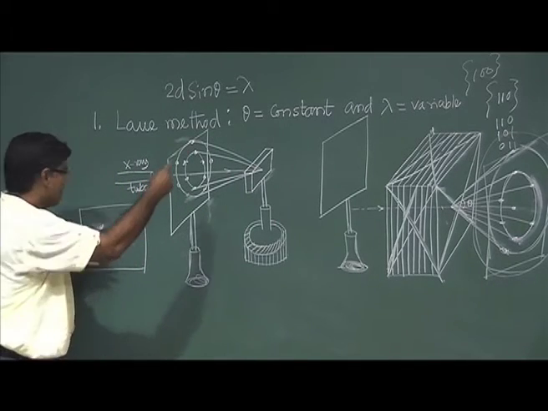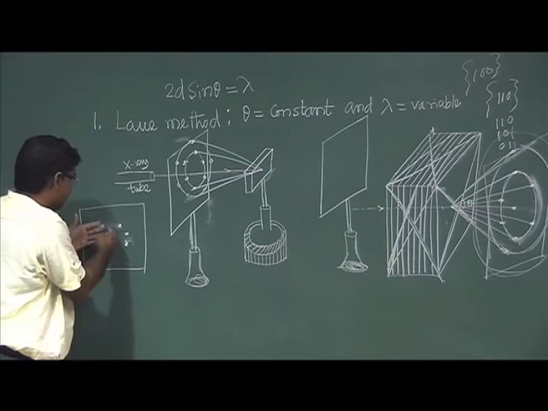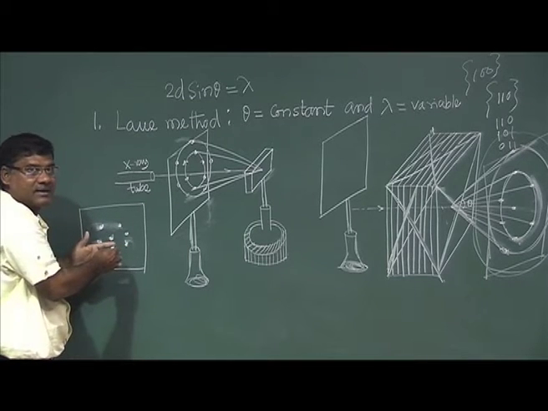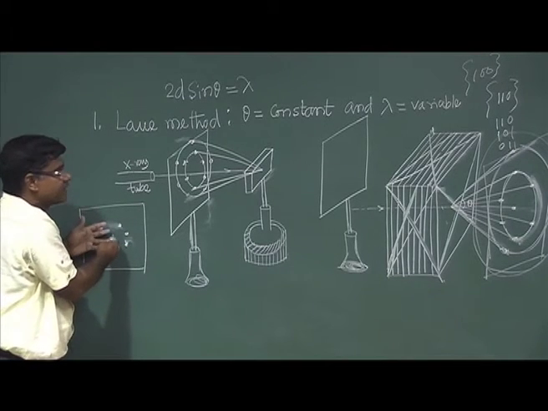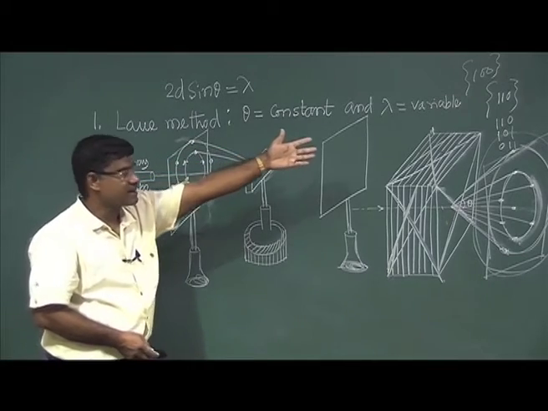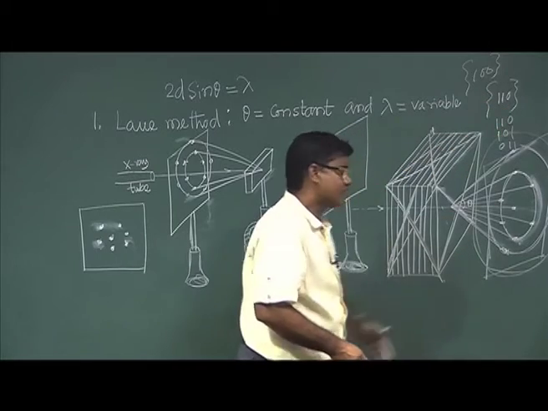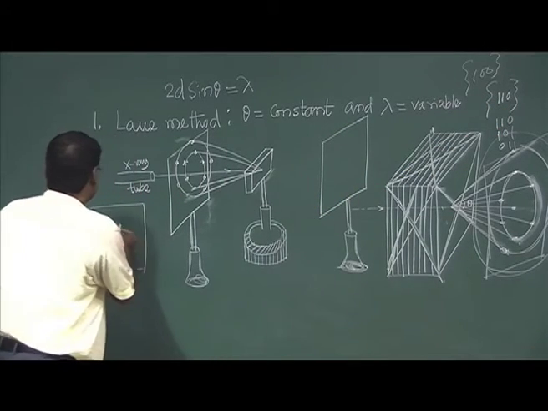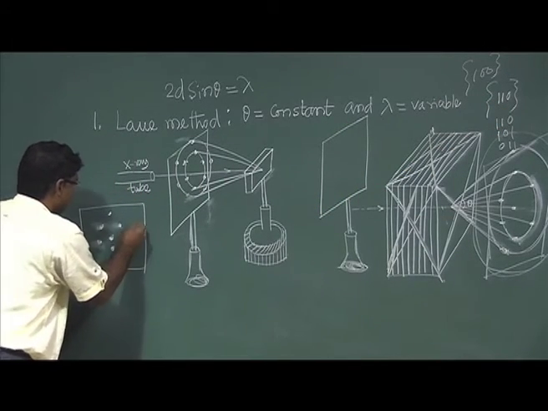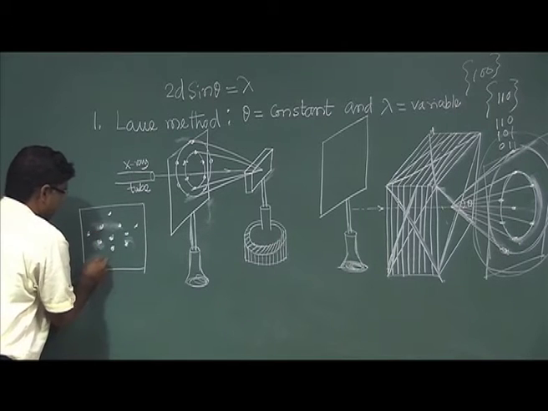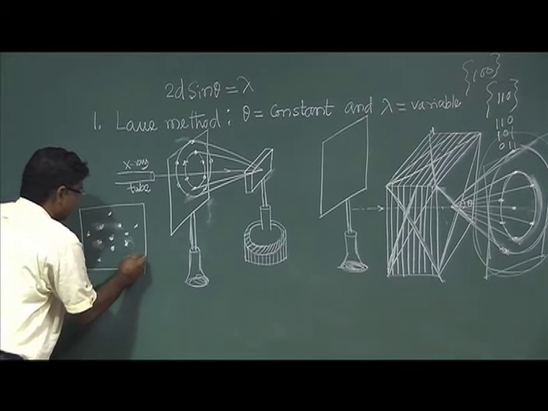Whatever symmetry you get in the spots basically tells about the symmetry of the crystal, the 1 1 0 planes. Okay. Similarly for other planes you will get.